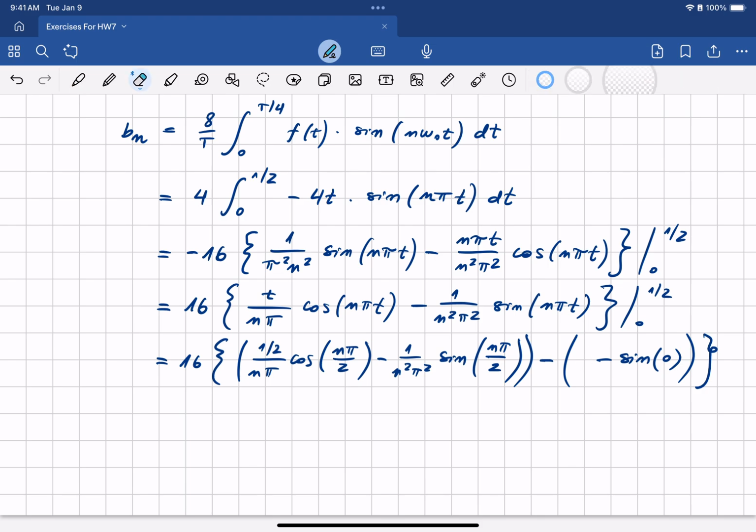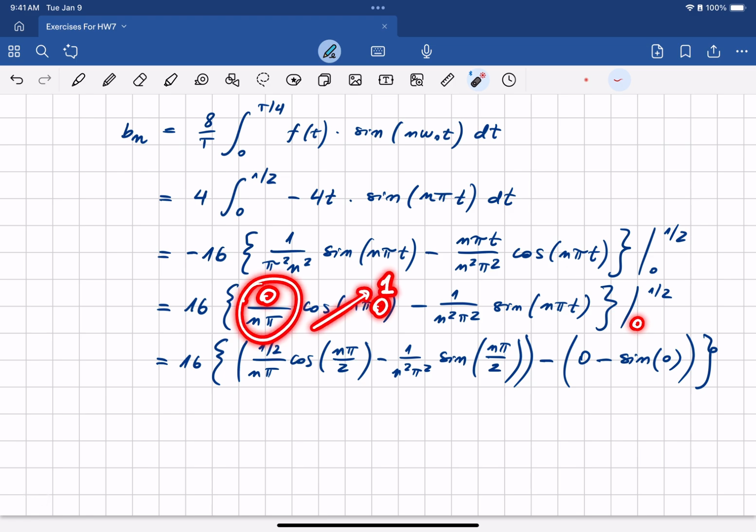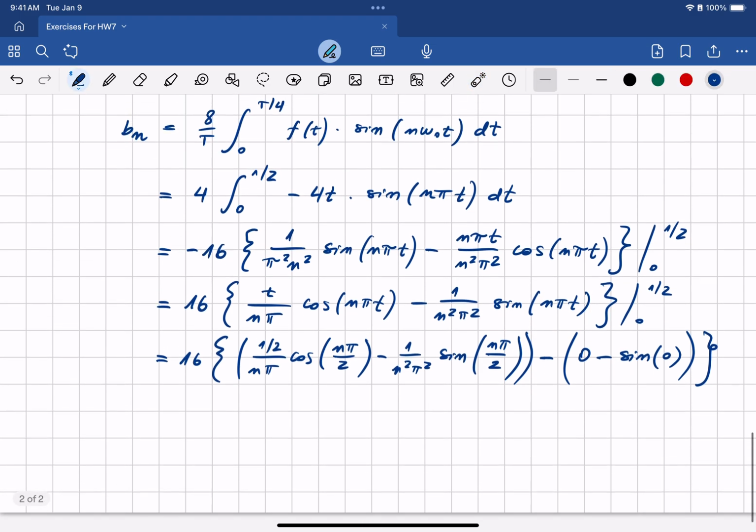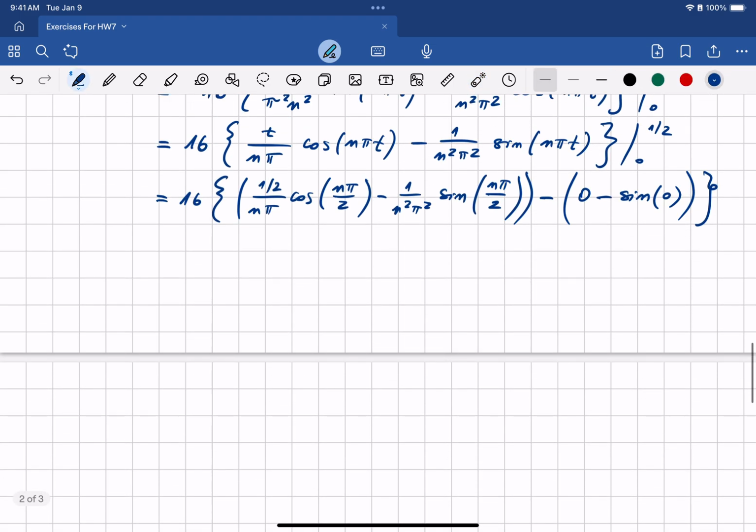We're evaluating at t equals 0, so we put 0 here, 0 here. The cosine is going to be 1, but we have the 0 on top, so 0 here. Sine of 0, this is going to be 0. Okay, so we keep going here, and we get essentially 16.